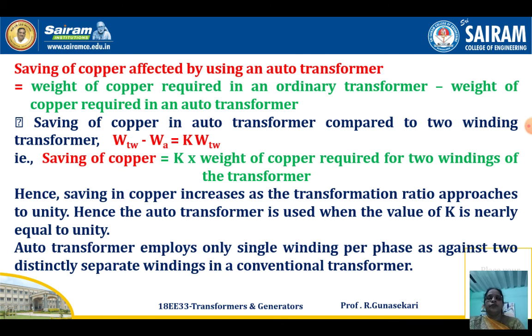Therefore the saving of copper is equal to the weight of copper required in the ordinary, two winding transformer minus the weight of copper required in the auto transformer. That means WTW minus WA equals K into WTW.